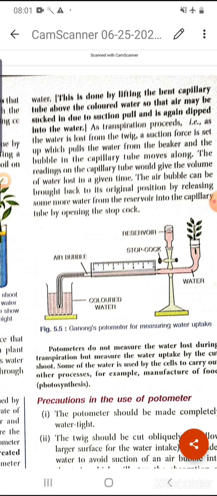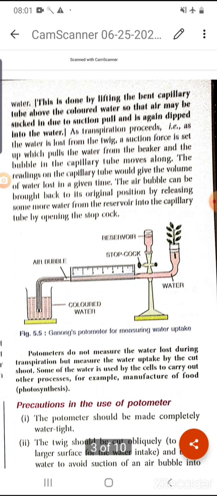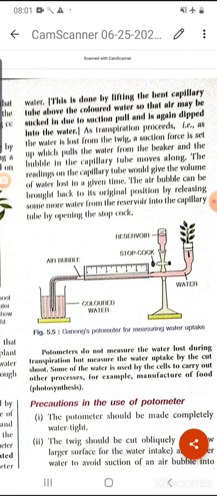After that, when transpiration proceeds, as water is lost from the twig, what will happen? A suction force is set up which pulls the water from the beaker, and the bubble in the capillary will move along.